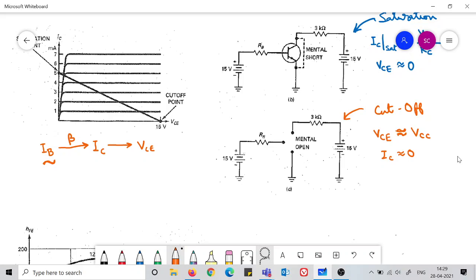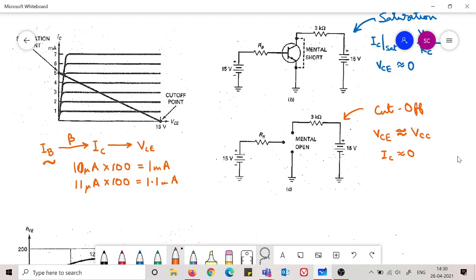No answer from your side? See, let us take a case. IB is 1 microampere, beta is 100. What is IC? Suppose this is 100 microampere, so 1 milliampere. Now you change this to 11 microampere, 1.1 milliampere.